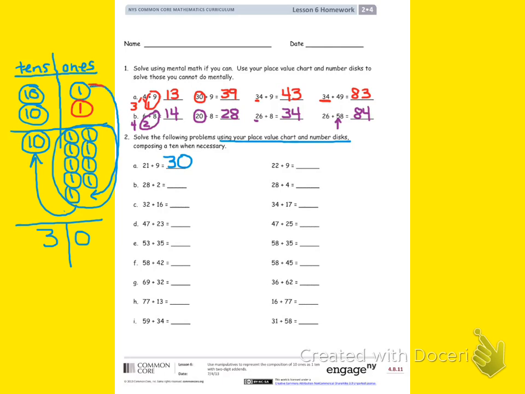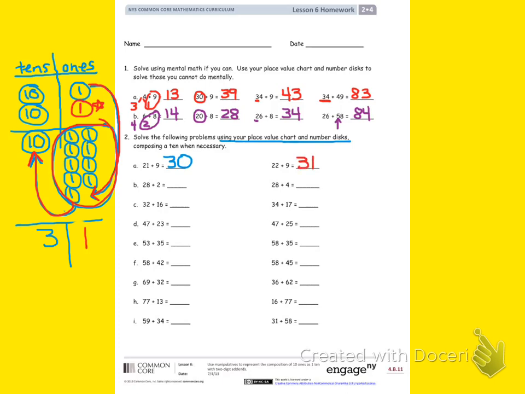Again, this one here would fill this space, and this would become a 10, just like in the first one, and move over here. But as you can see right here, there's still a 1 left over, so that has to go here. So 22 plus 9 is 31.